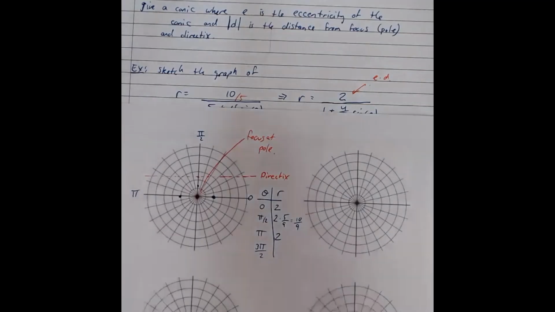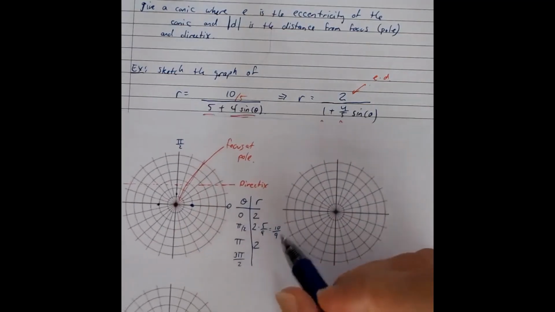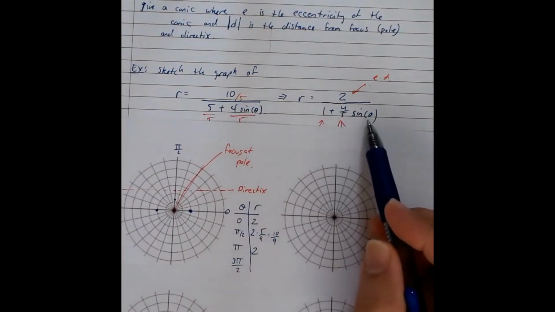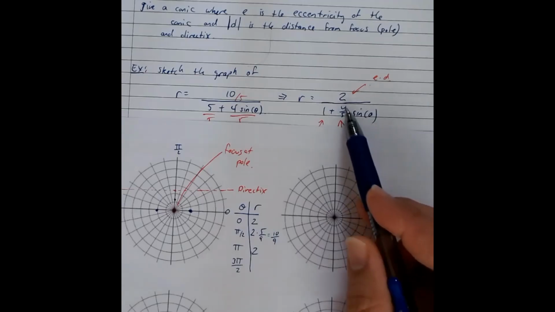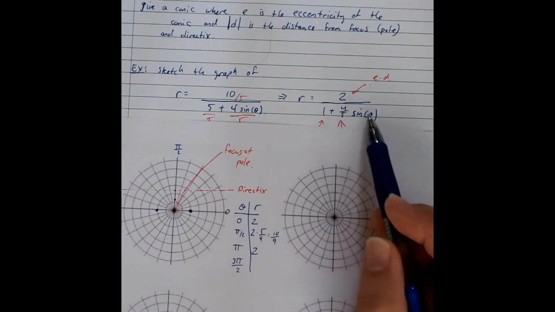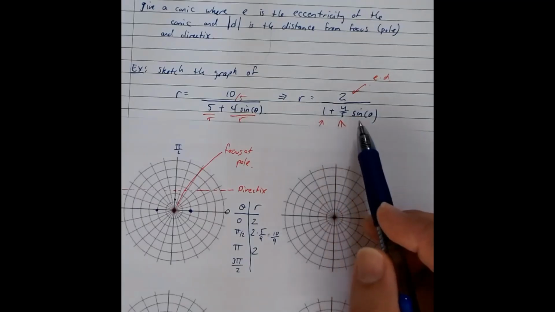Okay. And finally, if I'm using 3 pi over 2, well, let's see, sine of 3 pi over 2 is negative 1. So 4/5 times negative 1, that's negative 4/5. And if I add 1, that's just going to be 1/5.